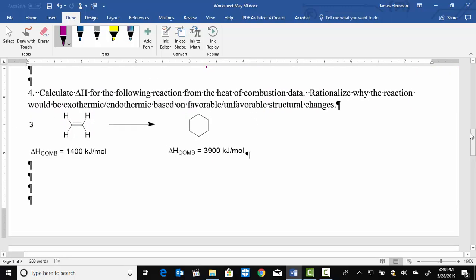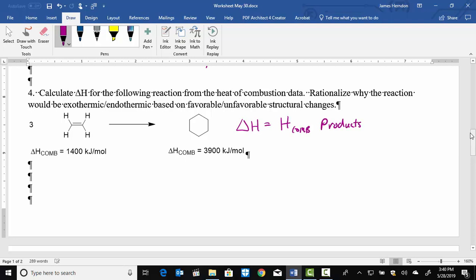Okay, what's the delta H for the following reaction? We're going to calculate that from the heat of combustion, and remember that delta H equals the heat of combustion of the products minus the reactants. Okay, so this is a balanced equation. Remember that it takes 3 of these to make a cyclohexane.